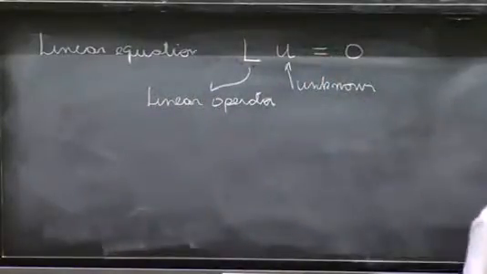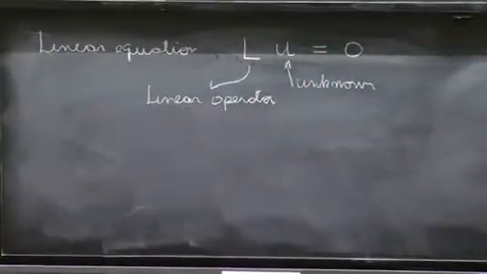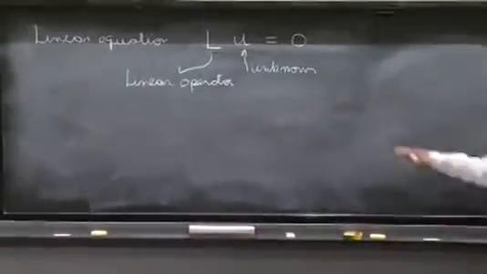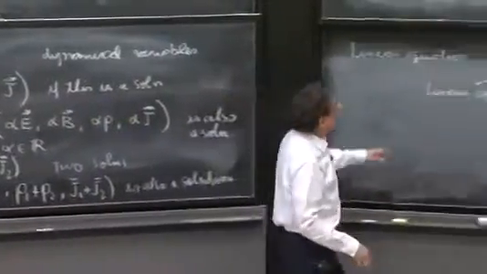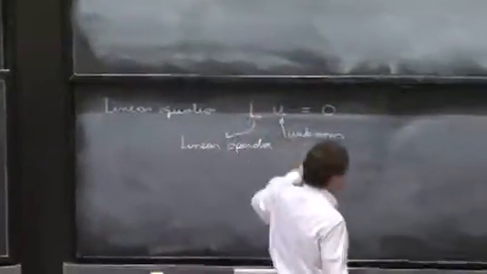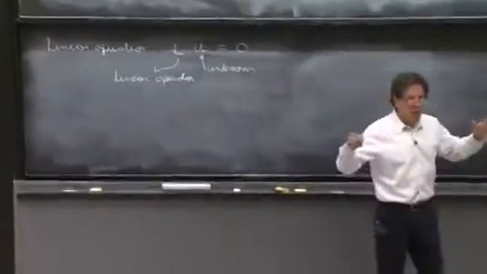And the equation is of the form L on u equals 0. Now, you might say that looks a little strange because you have just one unknown, and here we have several unknowns. So this is not very general. And you could have several equations. Well, that won't change much.